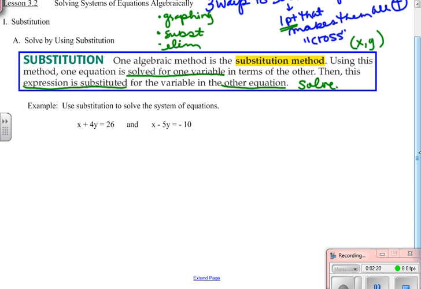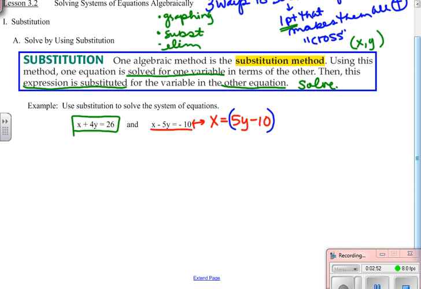So just because, I'm going to take this one, and I'm going to add 5y to both sides. I'm going to have x is equal to 5y minus 10. Now, these two are exactly the same, just rewritten. Here's the trick. This whole expression right here, 5y minus 10, is exactly the same as x. You have to treat it like a single number with the parentheses. So now I'm going to go back to my other equation, and that's the key.